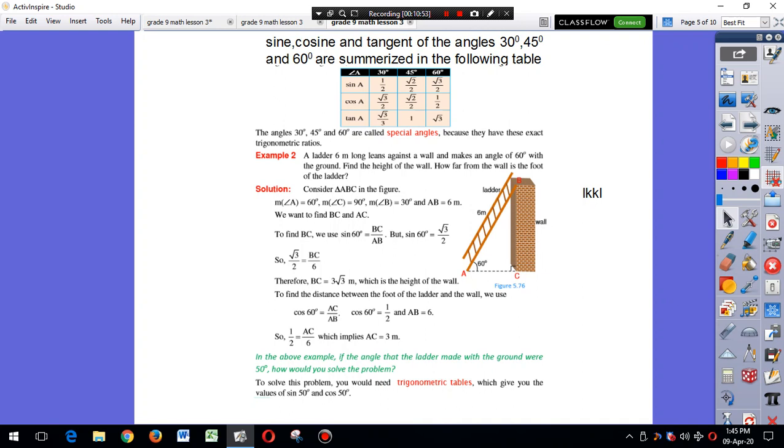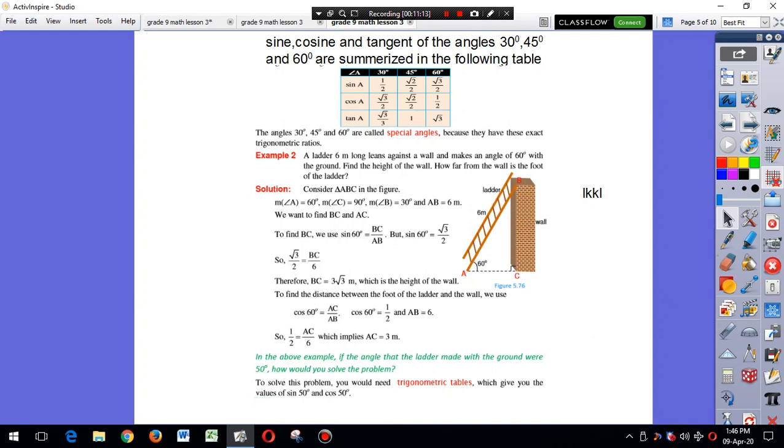So sine 60, as stated earlier in the table, equals square root of 3 over 2. Square root of 3 over 2 equals BC over 6. If you cross-multiply and simplify, BC equals 3 square root of 3 meters, which is the height of the wall.